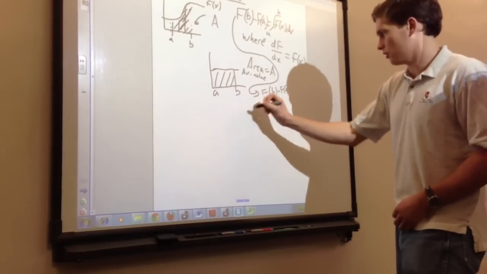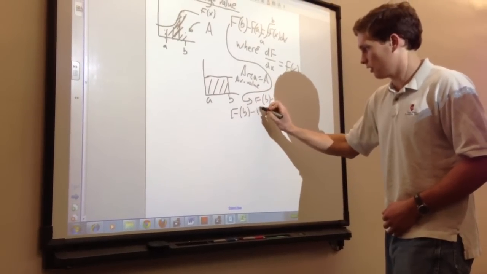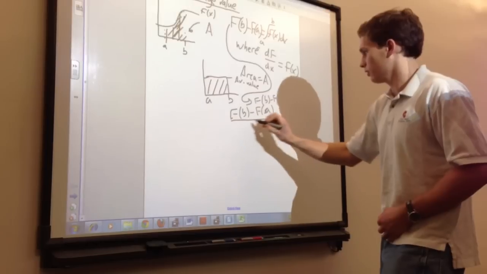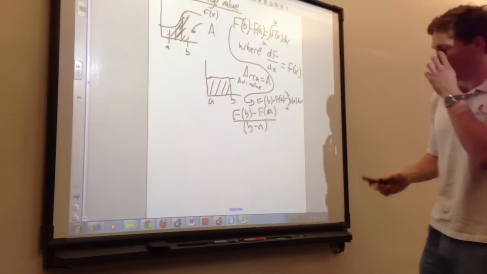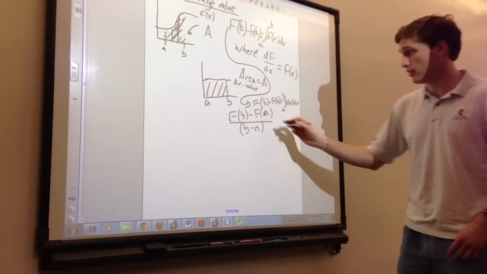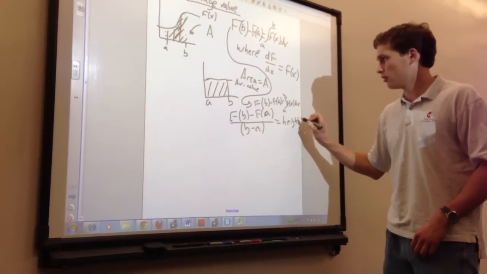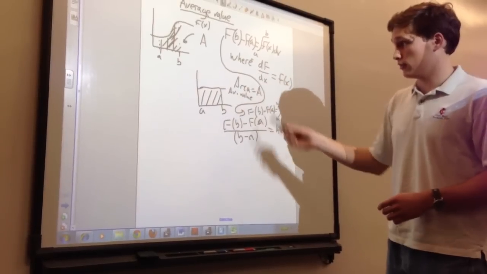So what we can do now is F of b minus F of a over b minus a, which is the integral over the width. And if we remember, since this is the area and that is the width, this will give us the height of the function. So, this is how you calculate the average value of any given function.